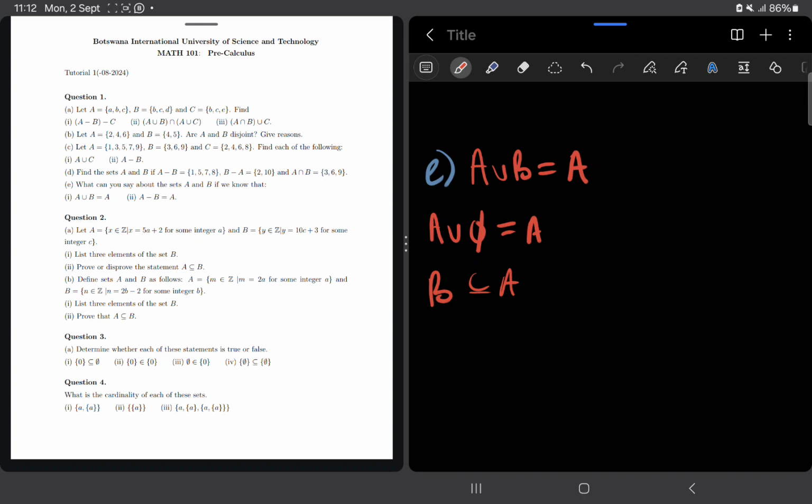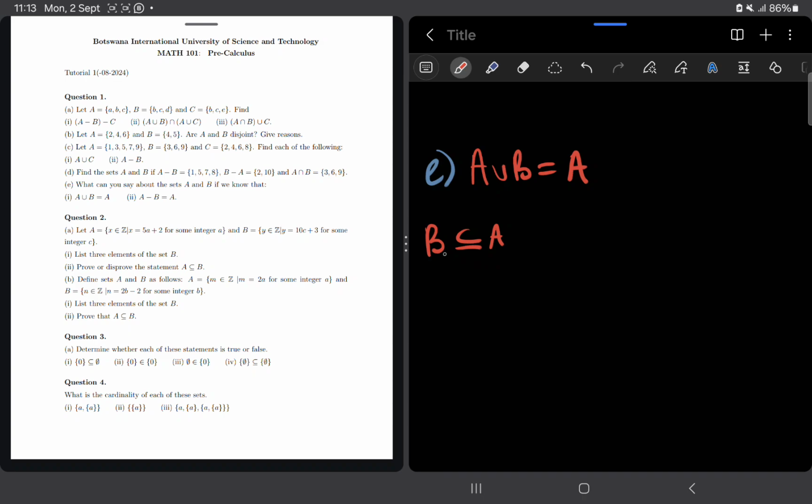So when you unite A and B, you still get A because everything in B is also in A. So we can say that B is a subset of A, because if B is a subset of A, then when we unite them, we will still get A. And that is why we can also say B is an empty set. This is one of the answers, but that's not the only answer.